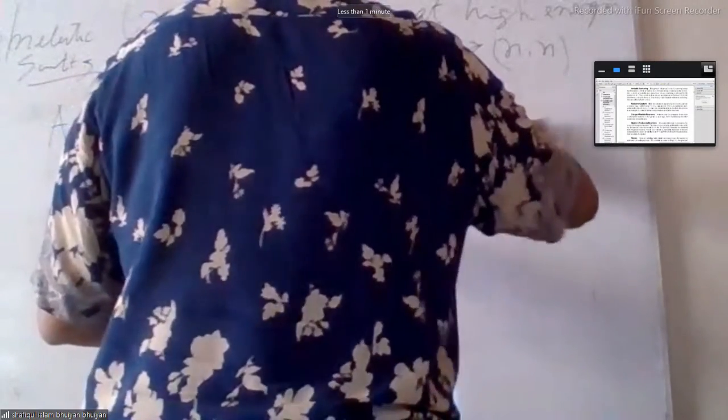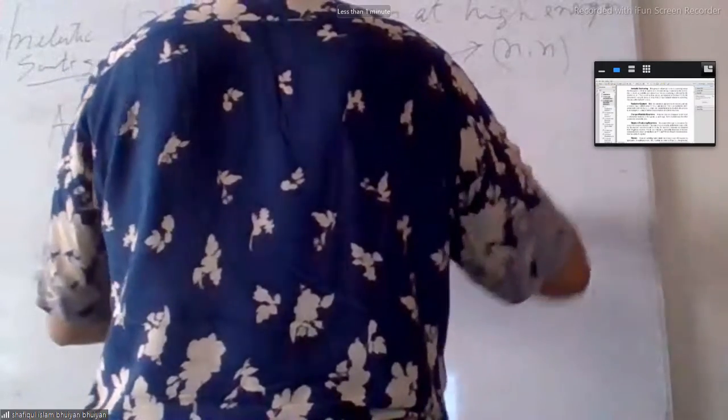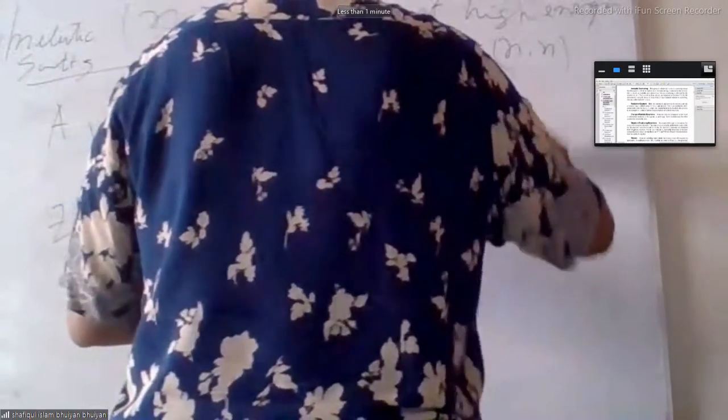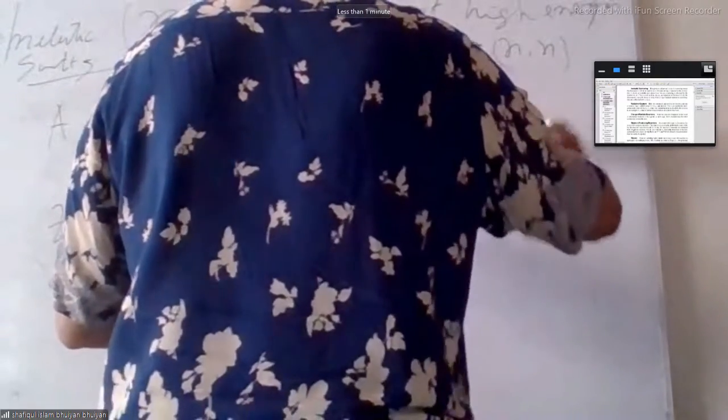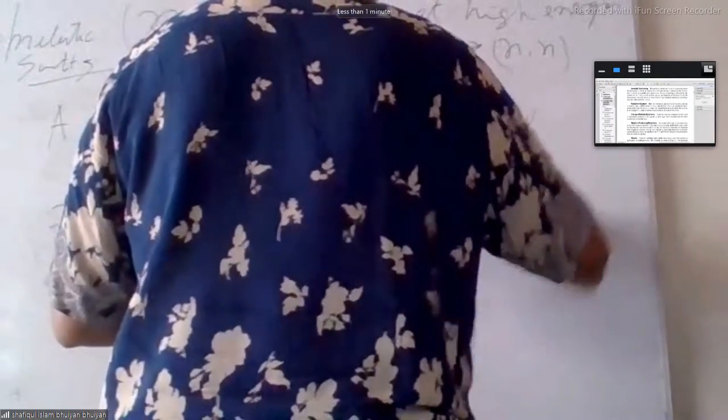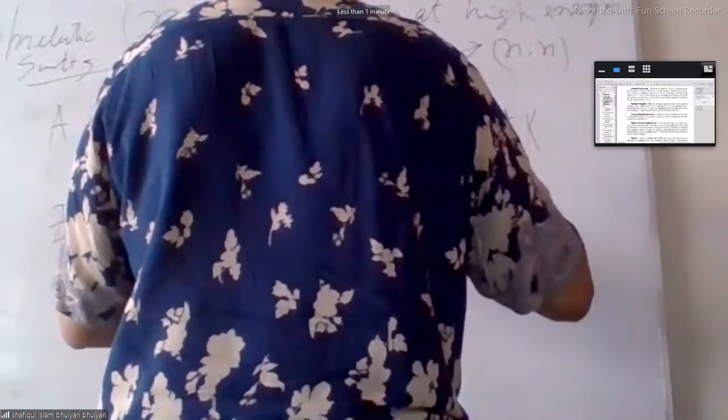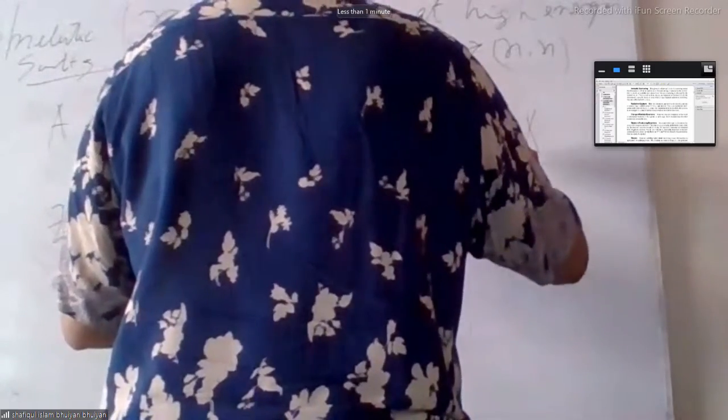If I write in terms of this X, then it will be X with A and Z. X is the isotope, the nucleus that we are thinking of as the target.